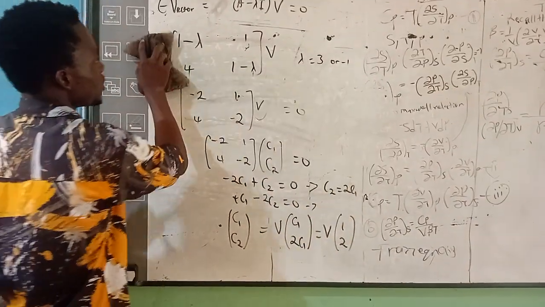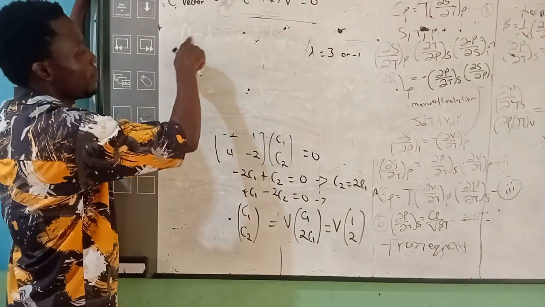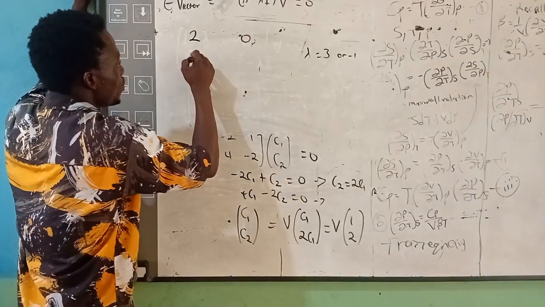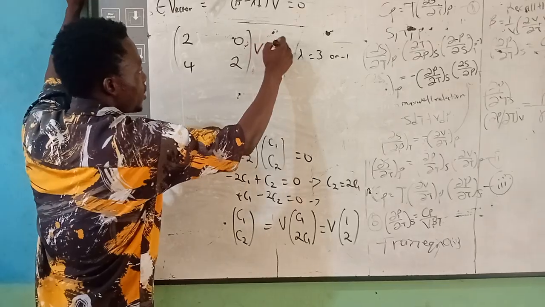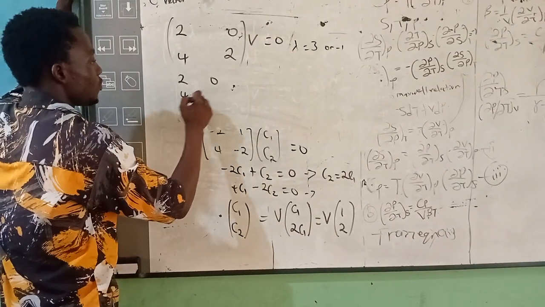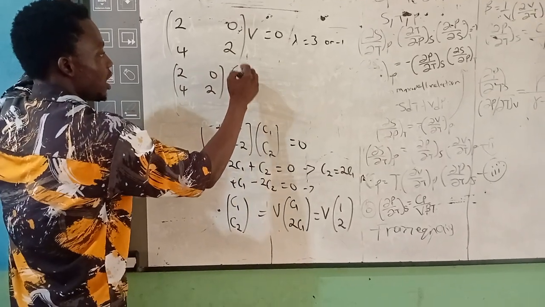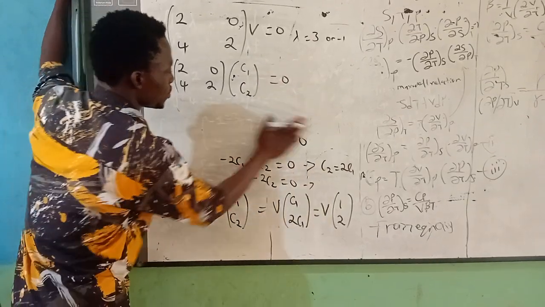Now let's test for minus 1. If you test for minus 1, we have 1 minus lambda. So 1 minus 1, here we have 2, 0, 4, 2, multiplied by b equals 0. So we write this with our C1 and C2 equals 0.